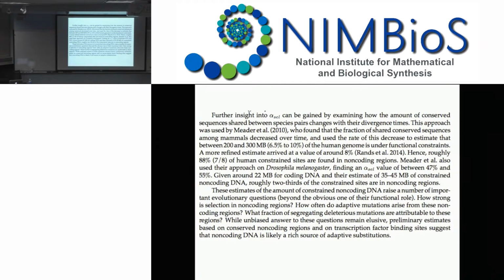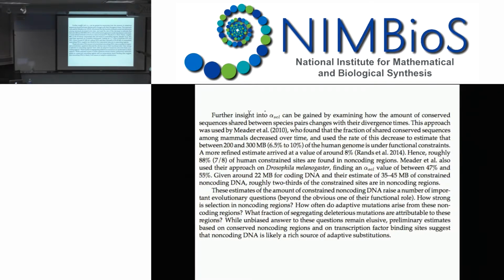So you can go a little bit further, very interesting paper here. What they basically did was they looked at species which were further and further apart and looked at the decay in conserved regions and then used those to extrapolate and ask how much conservation am I missing by looking at really deep groups. What they basically found is the amount of conserved DNA in humans is between 200 and 300 megabases, so on the order of about 7 to about 10%.